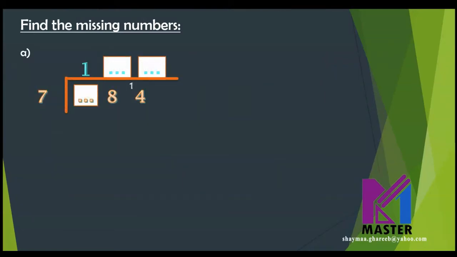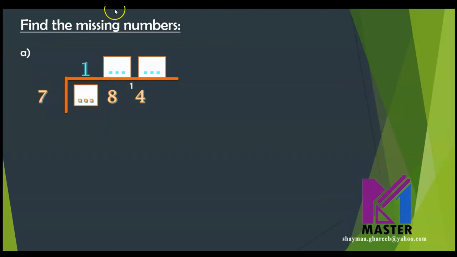Now, are you ready for this question? In this question, it has the division sign and the numbers with missing digits, and we need to find out what these missing digits are. First, I will deal with this kind of problem. Same steps exactly.